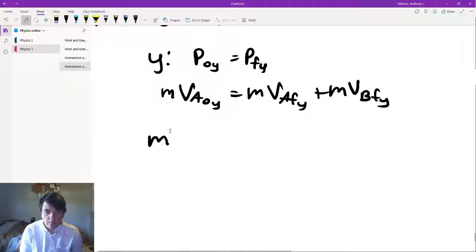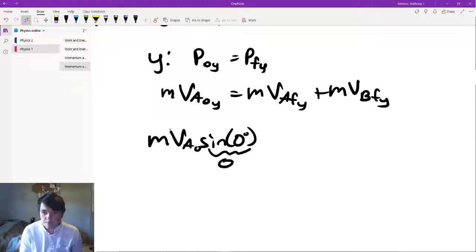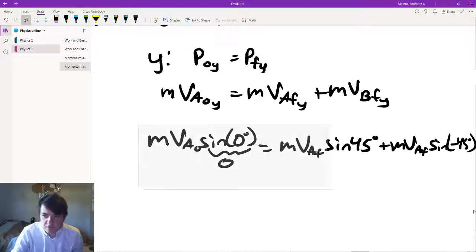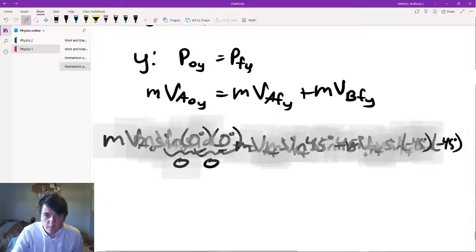This would be M VAO sine of 0 degrees, which is 0. Then M VA final sine 45 degrees. And then this one would be plus M VB final sine minus 45 degrees.